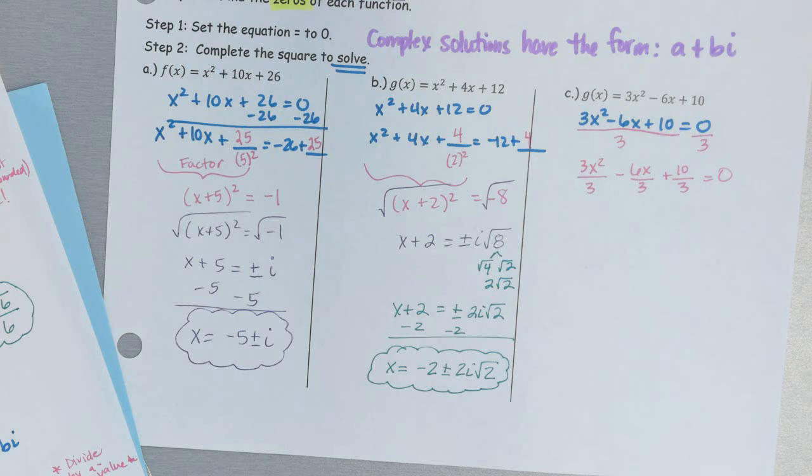And then once you simplify there, go ahead and do your completing the square. So put your blanks in.